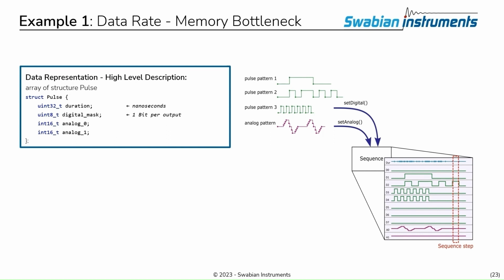This structure is derived from the individual signal patterns by merging all patterns into a sequence object consisting of an array of sequence steps, each defining a constant level for a specific duration for all digital and analog channels.